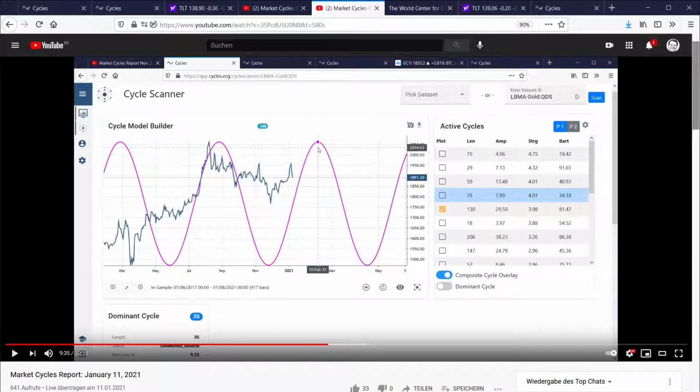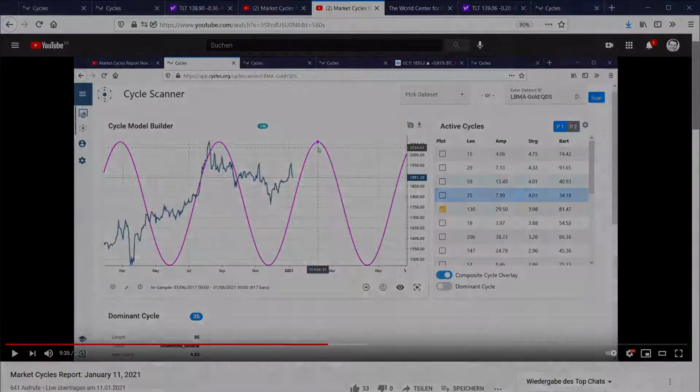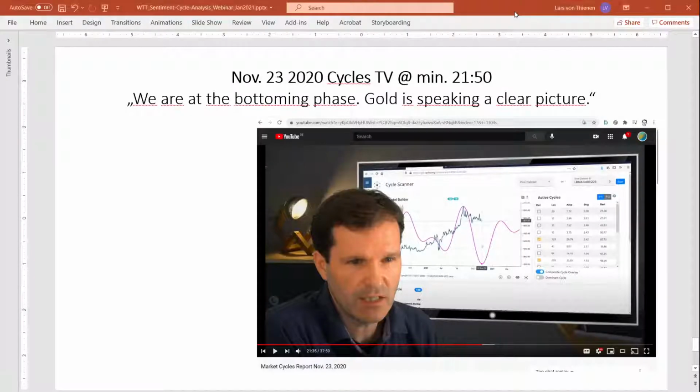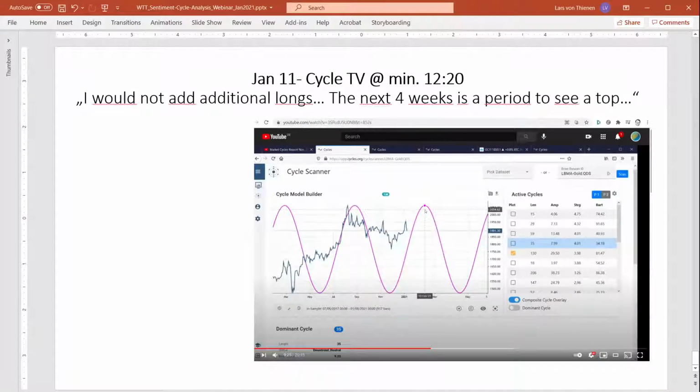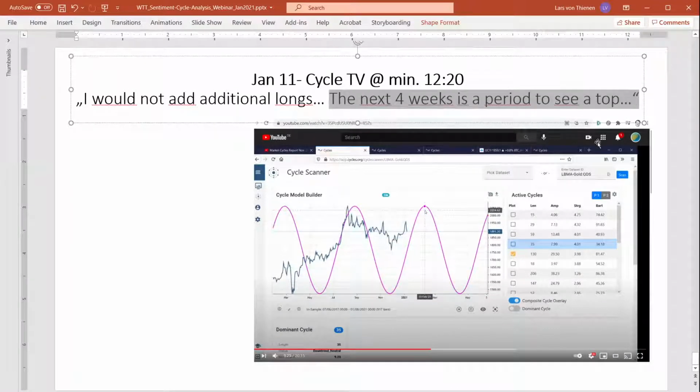The index moved up, and then we reviewed on the 11th of January what we could expect to happen to gold, and what I told you at this point in time was exactly that we would not add additional longs. The next 4 weeks is a period to see a top.